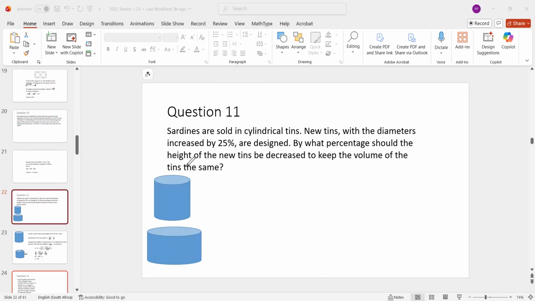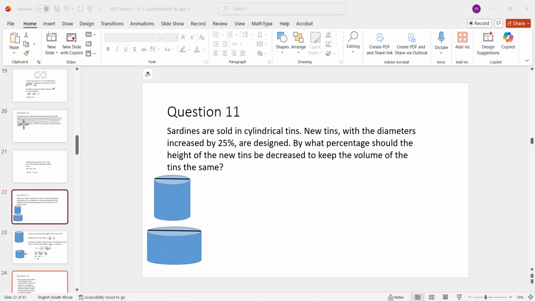Okay, so you got 1 tin, the diameter is increased by 20%. The diameter is from here to here. And the other one, the diameter, the cylinders, so you have a circular base. Cylinders have always got a circular base.